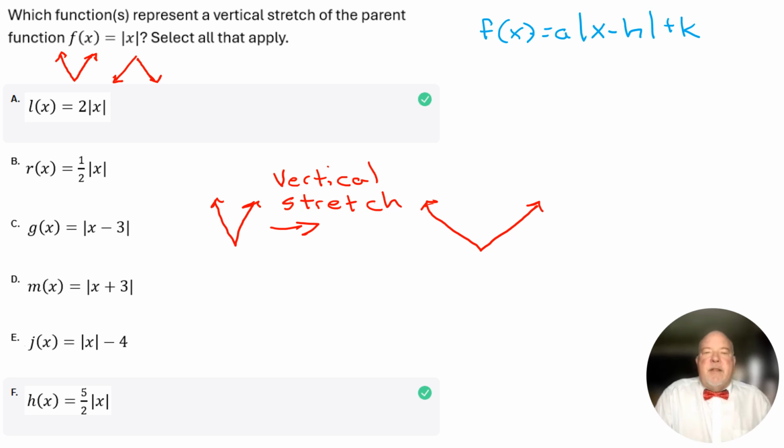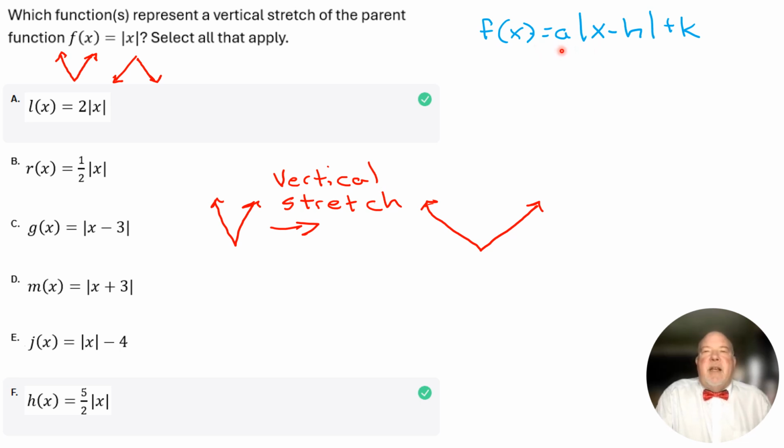So we have these terms in here of a, h, and k, and each of these affects the parent function in different ways. What we really want to know is which of these, a, h, or k, causes this vertical stretch. Well, the answer is a. a causes a vertical stretch.